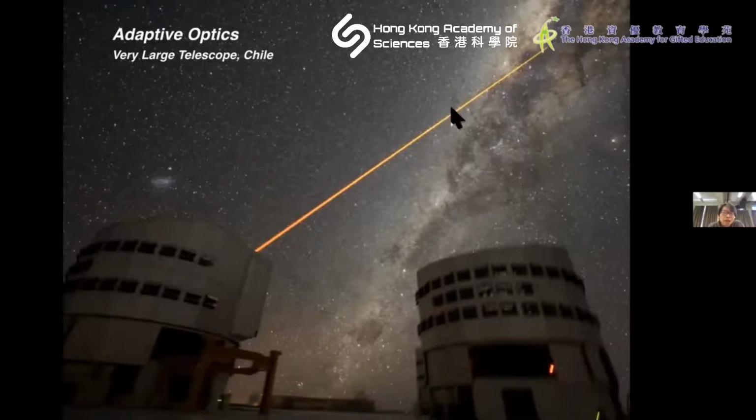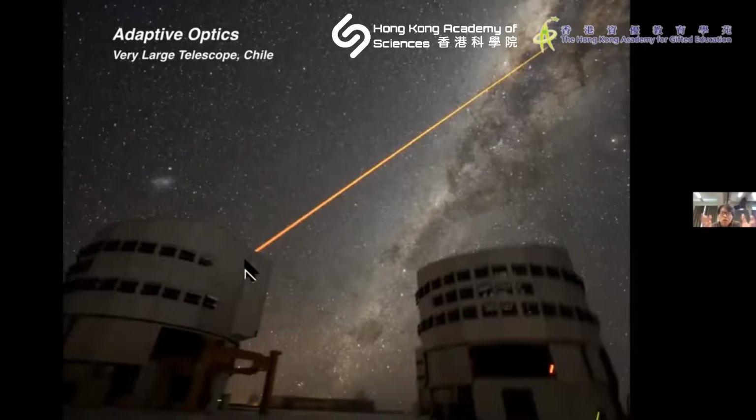By studying the atmospheric turbulence, they are able to fix this effect on the incoming light, so they can get a sharper image using this so-called adaptive optics technique.